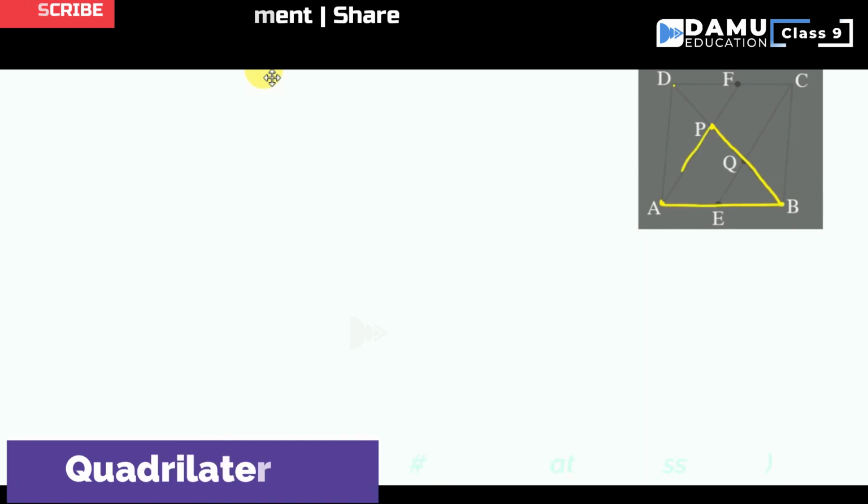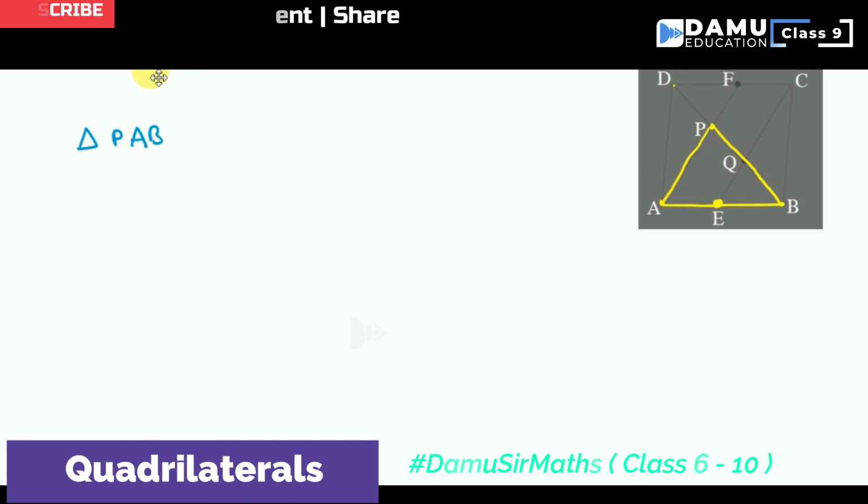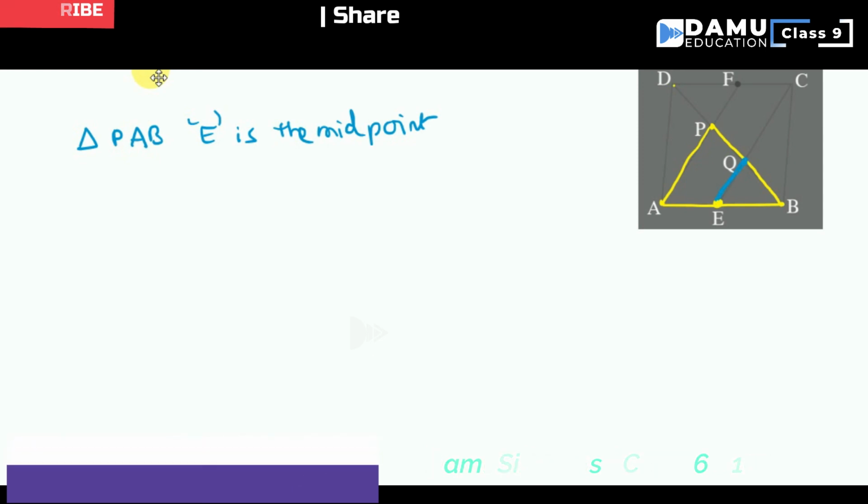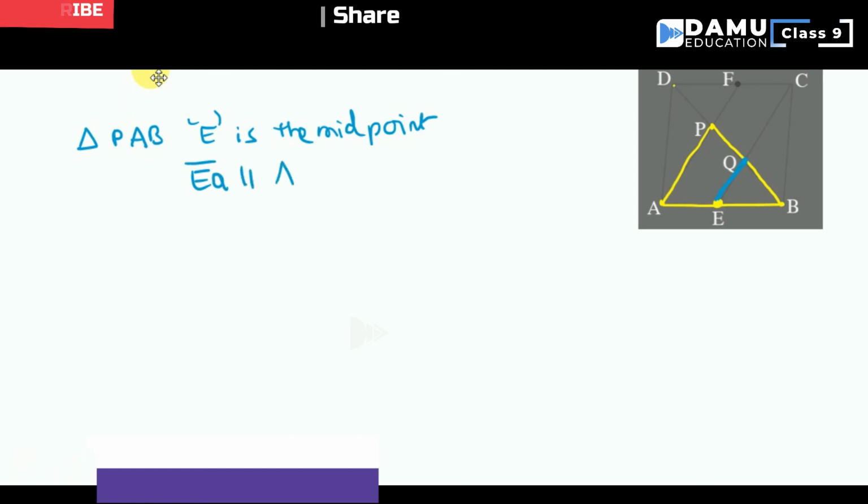Here E is the midpoint of the triangle PAB, and it is joined with Q, which is also a midpoint. So EQ is parallel to AP.